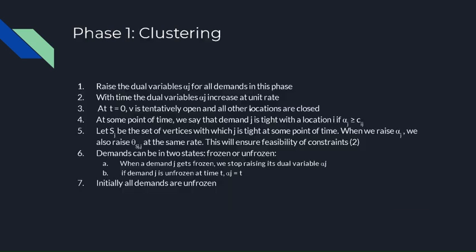Now we have understood the dual. So let's start phase 1 of our problem, which is clustering. In this, what we will do is start raising the alpha_j demands, alpha_j for all the demands. We'll increment them at unit rate, and finally we'll stop the process when there's nothing left to increment.